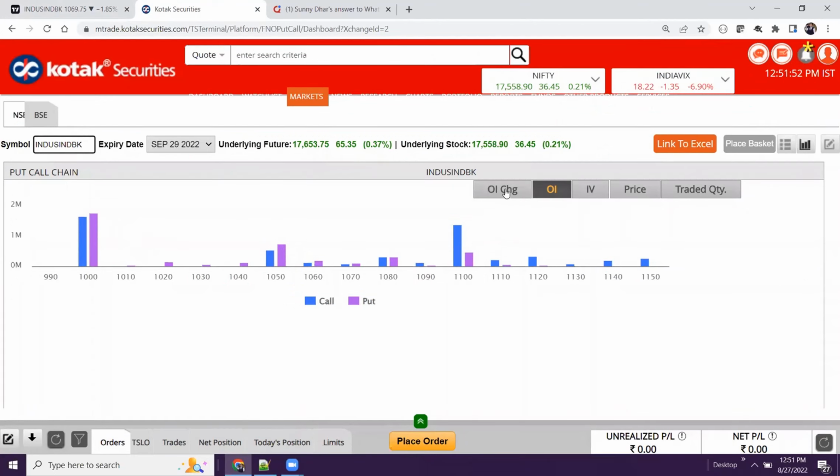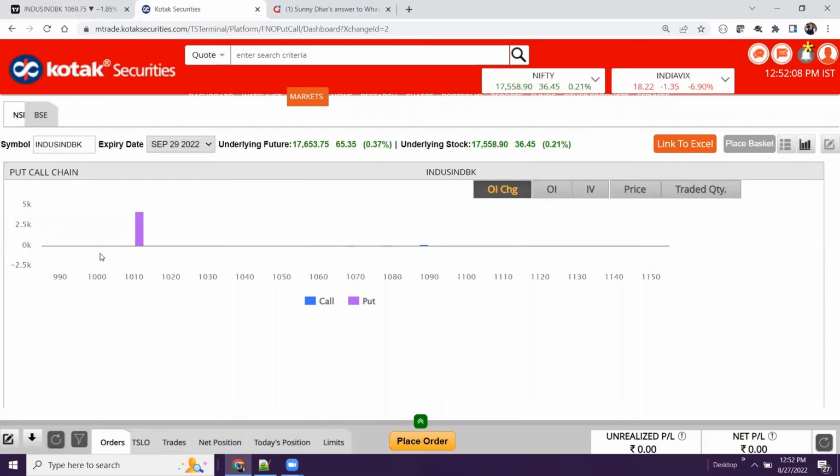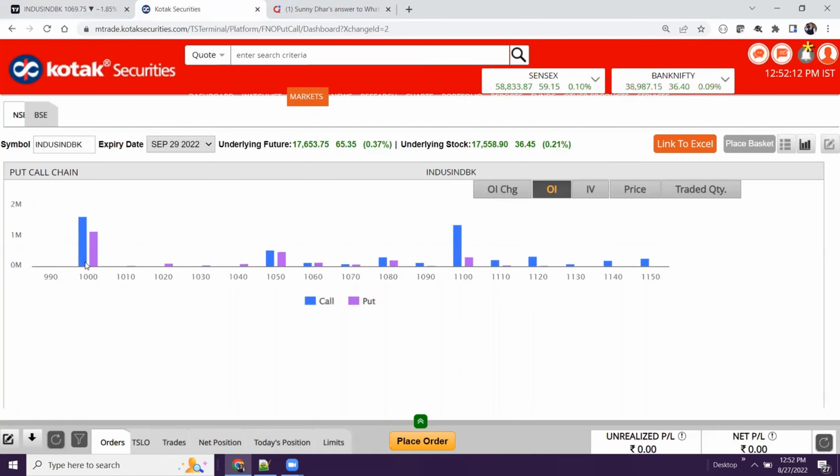And one important concept is this. Now suppose 1000 has the highest put, right? But now suppose this breaks and it went to 990. Next day you have to see at the end of day what happened.